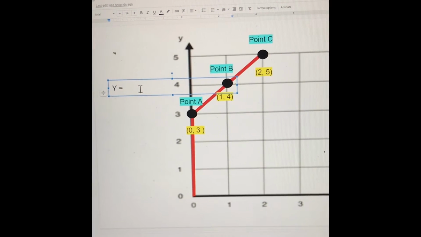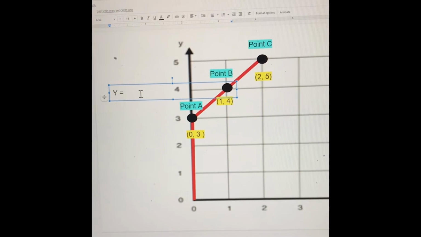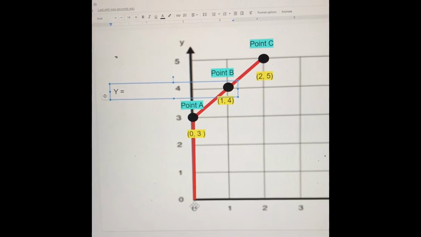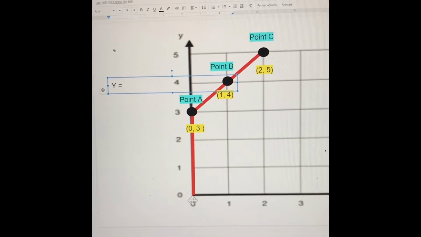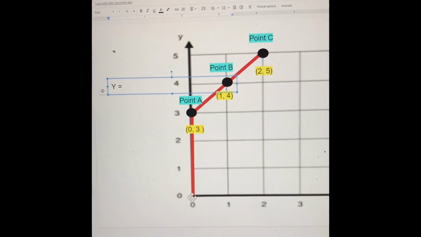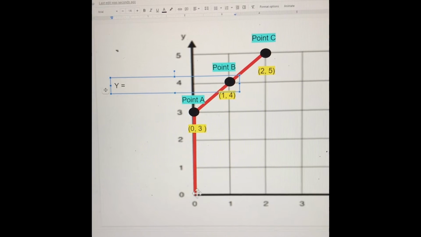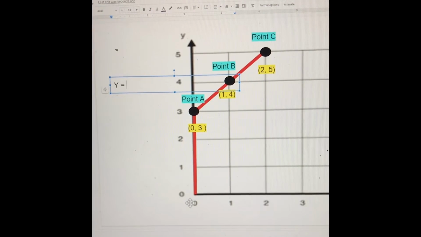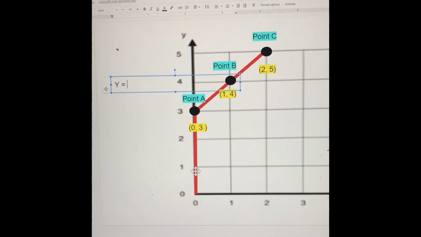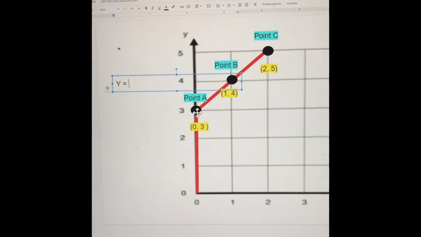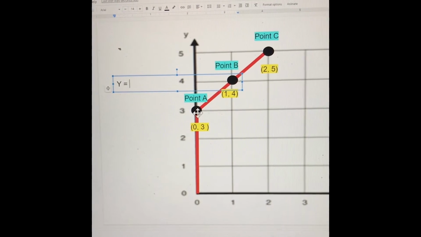Alright, so now for this graph, I'm going to write an equation representing the value of y. Now if you notice on this graph, of the line plot, we get all the way up to 3 on the y-axis before the line plot ever leaves the x-axis.